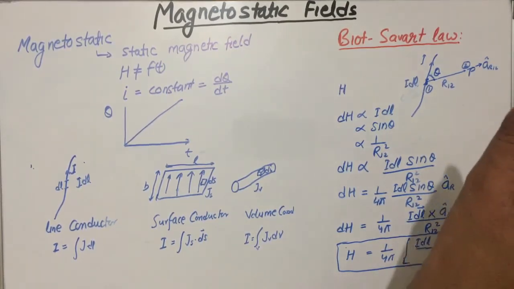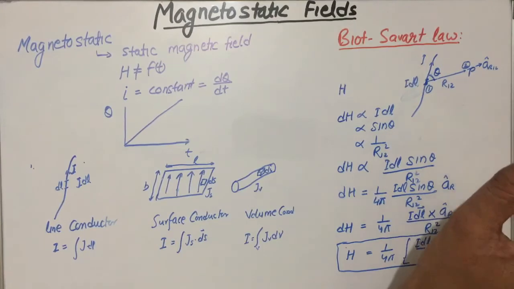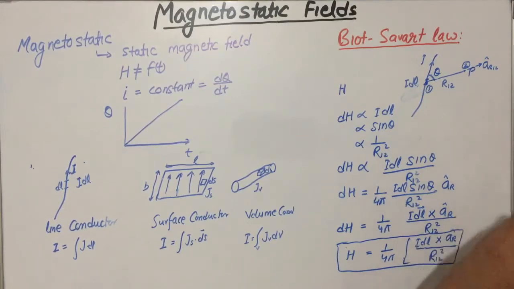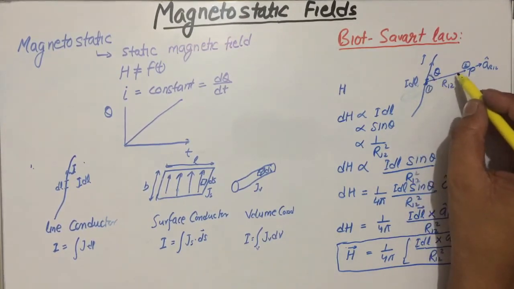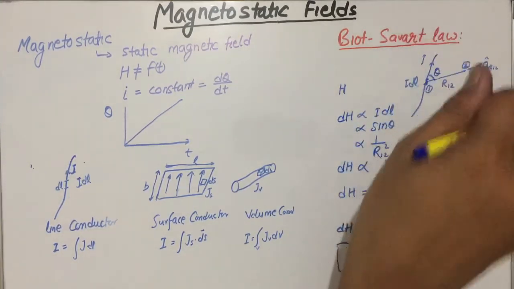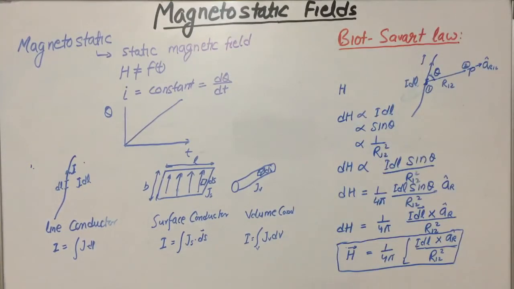In this way the curling direction will give you the third direction, which will be the direction of the magnetic field intensity. So IDL cross AR, downward, so going inside will be the direction of the magnetic field intensity in this case. Okay, so I hope it is meaningful.